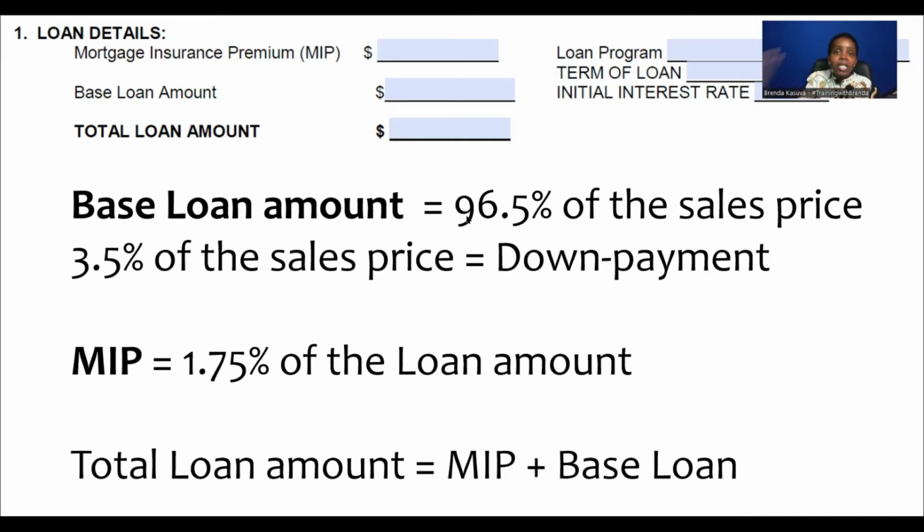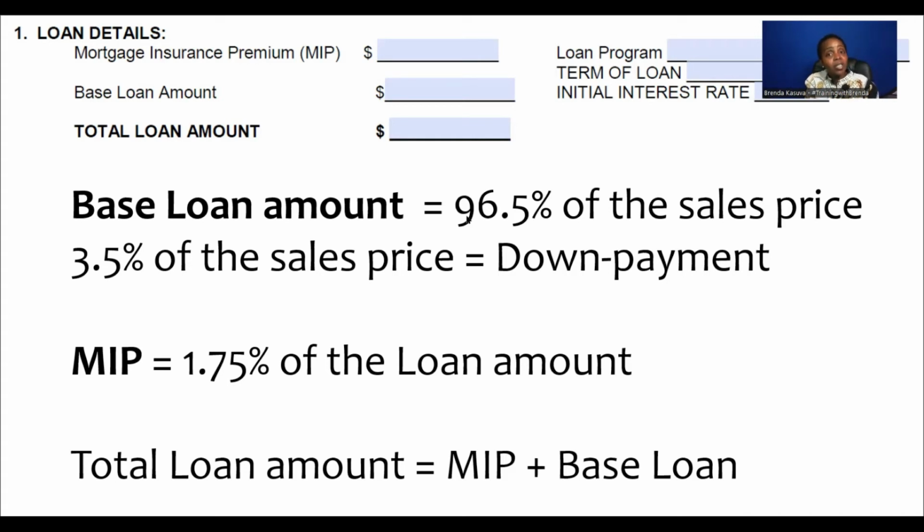To some, math is just making you nervous right now, so please contact the lender for these calculations. However, some of us want to know how to figure this out. So first I start off with the base loan. What are they getting from the bank? It's 3.5% of their own money, so they're borrowing 96.5%. So I do 96.5% of the sales price.